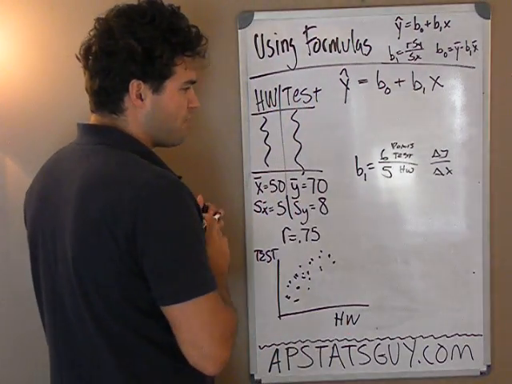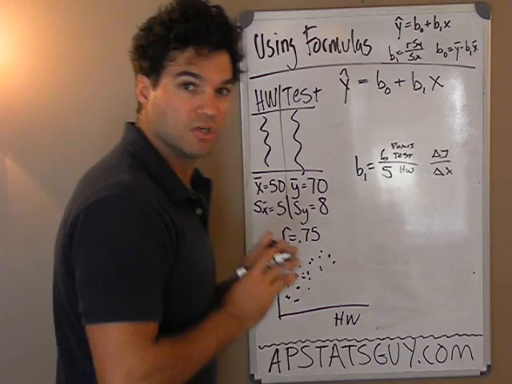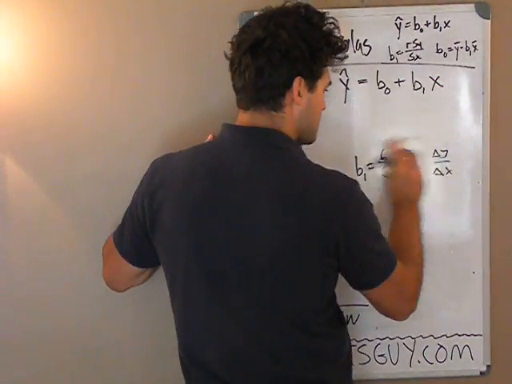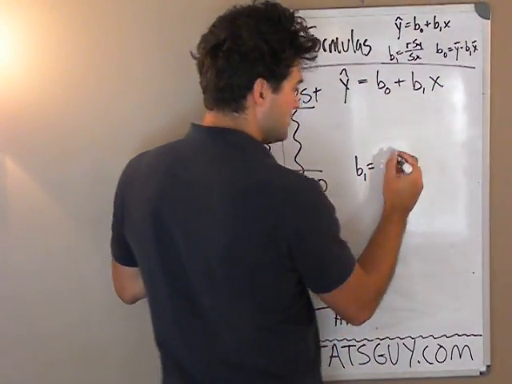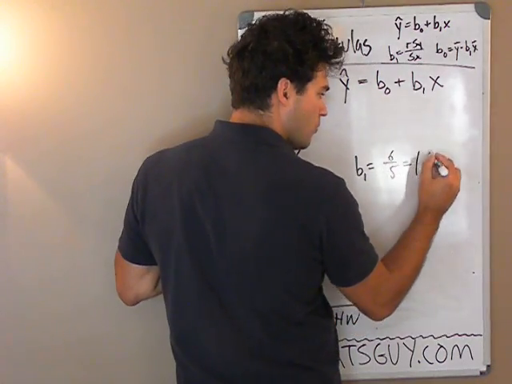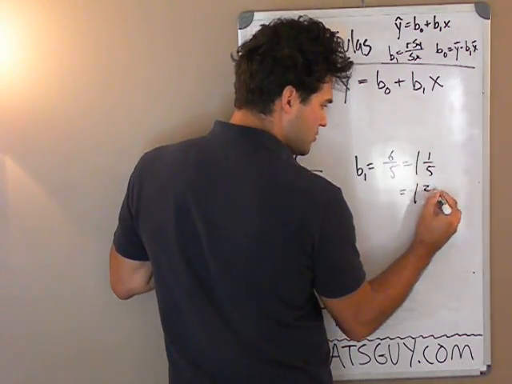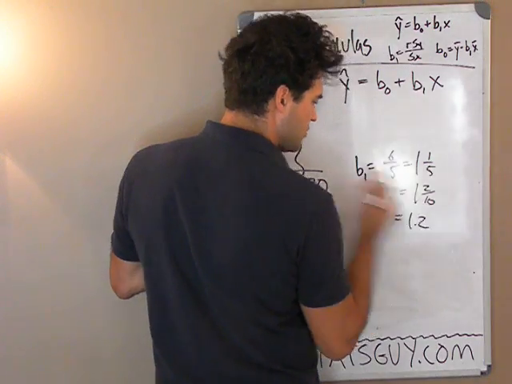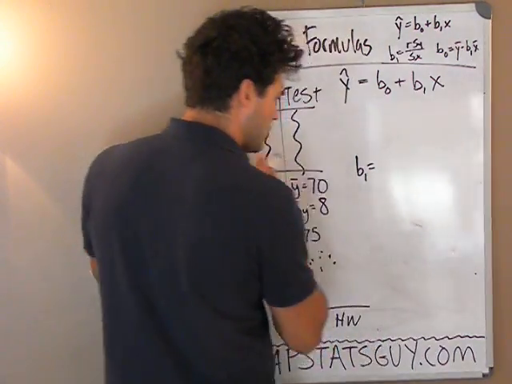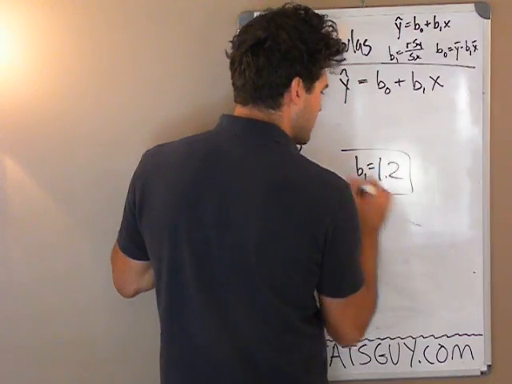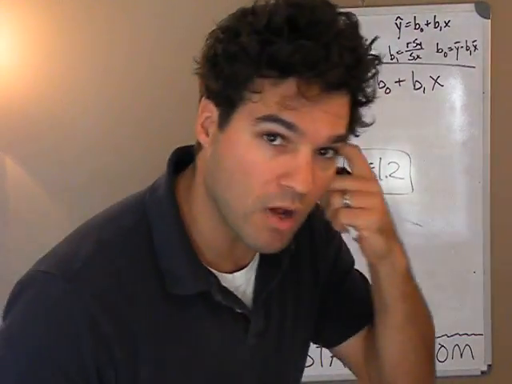And 6 over 5 is the same thing as 1 1/5, which is 1 2/10, which is 1.2. So let's do decimals here. 1.2, because I like it. All right, so I got a slope of 1.2.